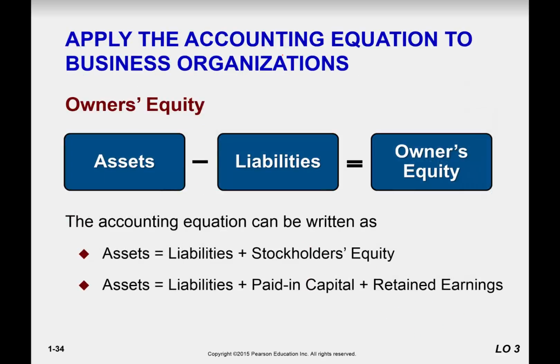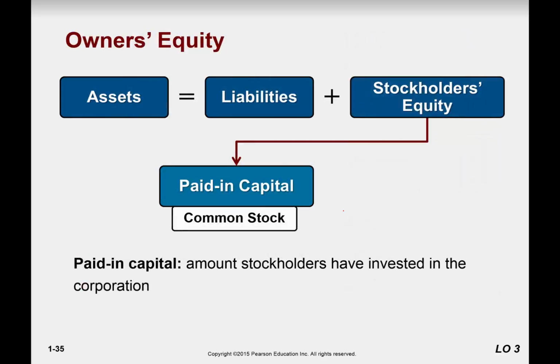So we start with our owner's equity, and I said assets equal liabilities plus owner's equity. Make sure this is in your Excel workbook. Then we can divide owner's equity into additional paid-in capital and retained earnings. So basically, additional paid-in capital is what you have invested in the corporation.